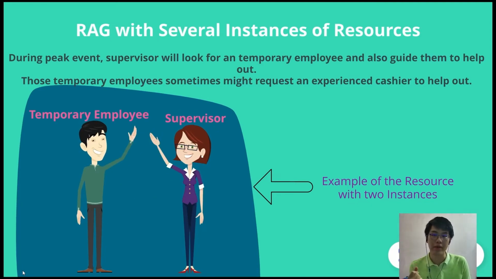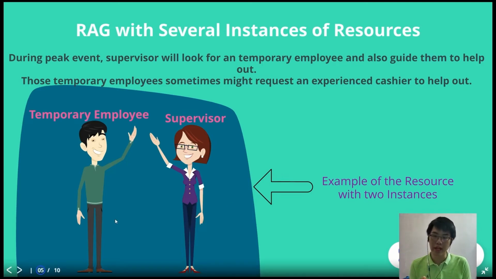Those temporary employees sometimes might need to request an experienced cashier to help out. On the right hand side, the temporary employee and the supervisor are our example of a resource with 2 instances, which means the temporary employee and the supervisor are the 2 instances inside a resource.